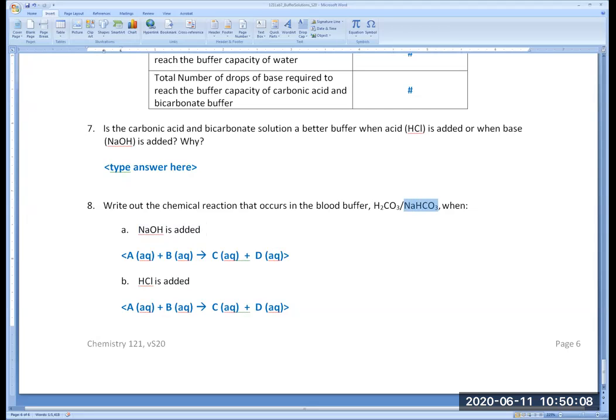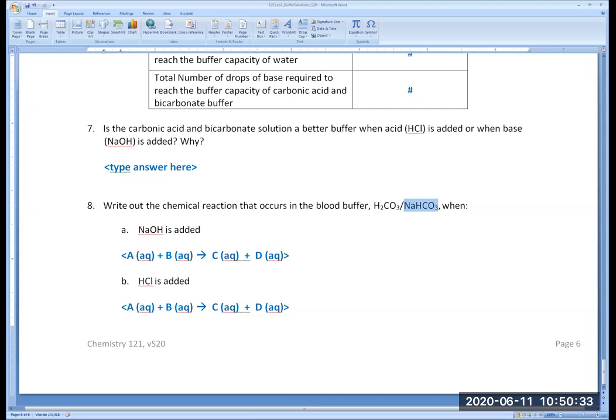So both HCl and NaHCO3 will be reactants. And again, to complete the reaction, you need to do the transfer of proton from the acid. So HCl will donate its proton to the base, and NaHCO3 will accept the proton.